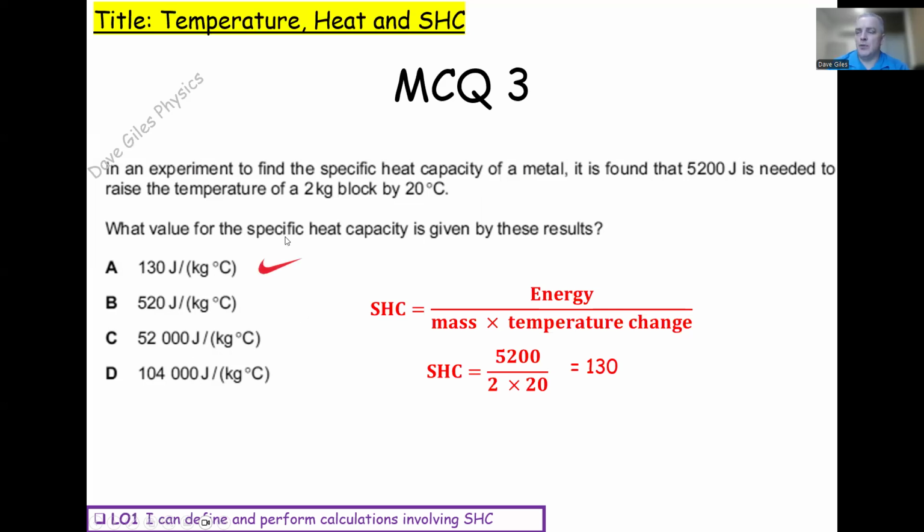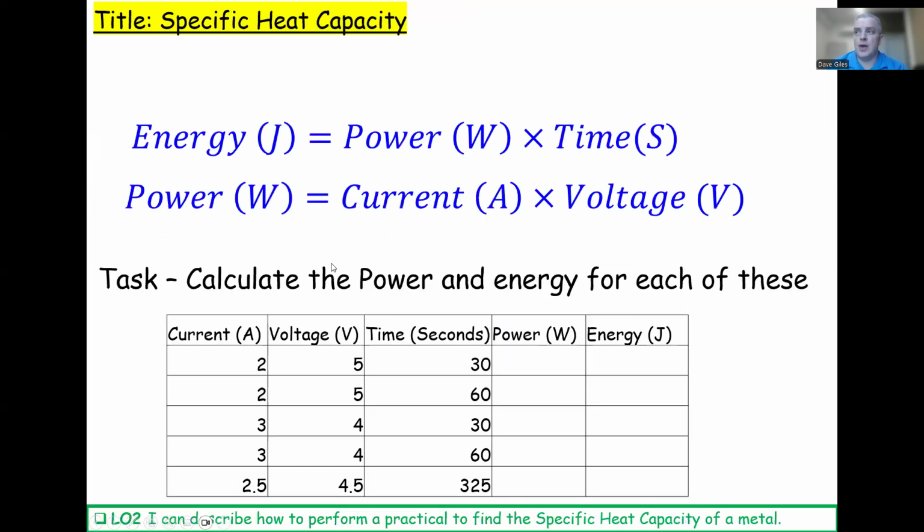Okay, so that's the first LO done. Define and perform calculations involving specific heat capacity. The second learning objective is about how you do it practically, how you would actually find it. So we look at these formulas here. You've done energy is power times time previously.